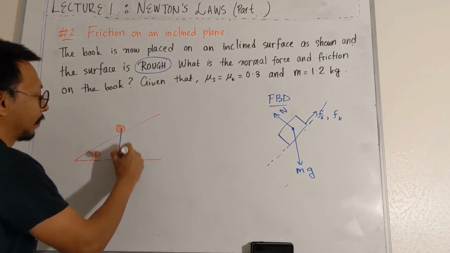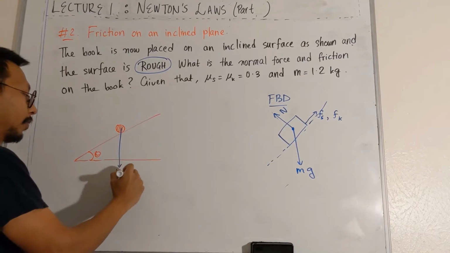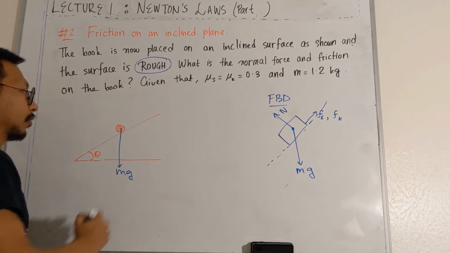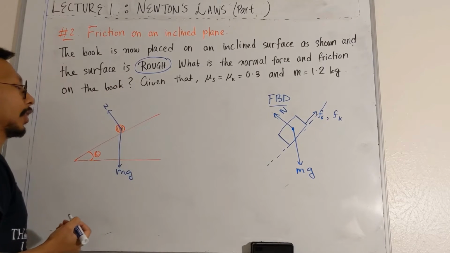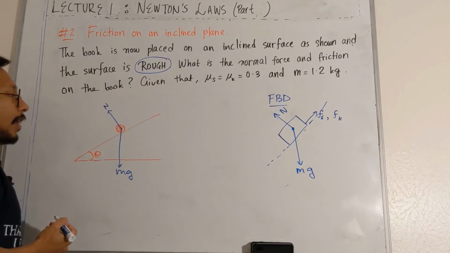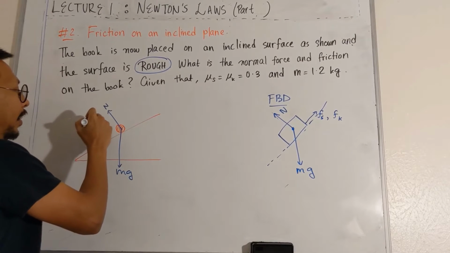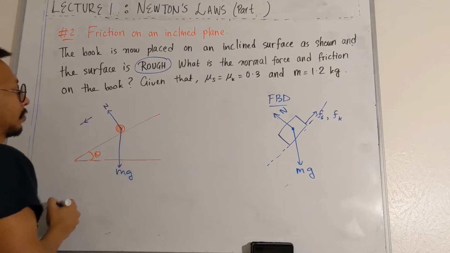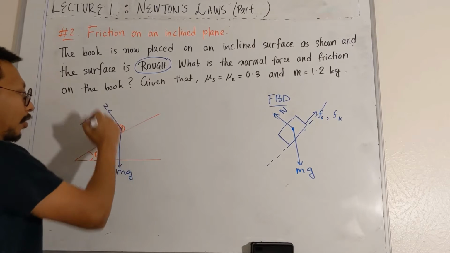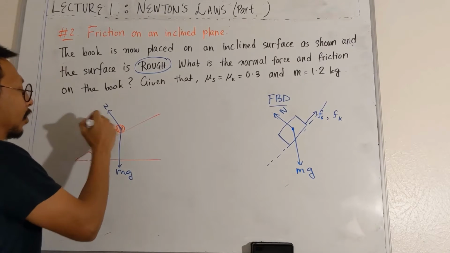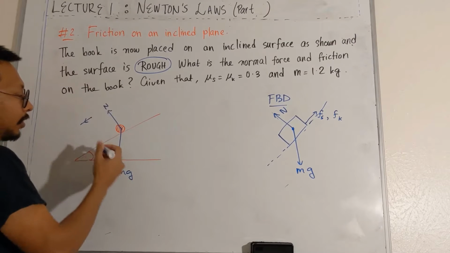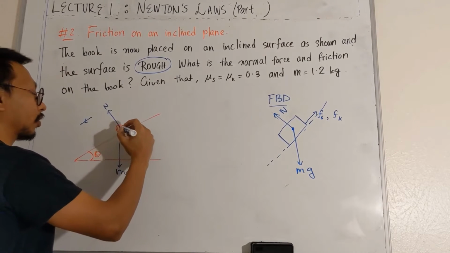We must have the weight of the particle directly downwards, and we must have the normal force perpendicular to the inclined surface. And let's say that there are no other forces acting to prevent the tendency of the particle to move down along the slope, or down along the plane.